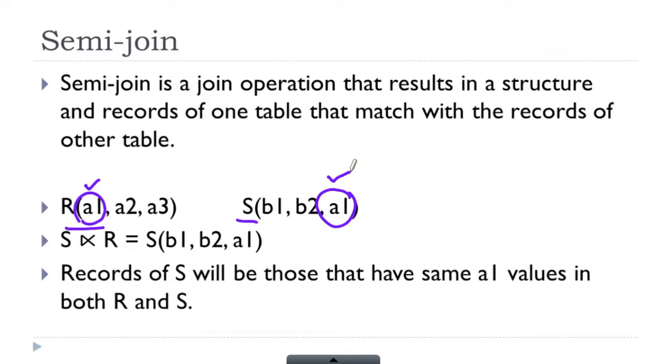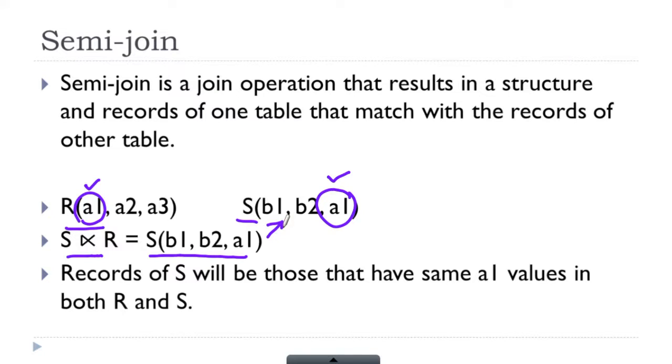Now, this symbol is the semi-join symbol. S semi-join R is equal to the structure of S alone. If you observe carefully, it looks like S as it is, without any changes. So no attribute is taken from the relation R. This is semi-join.